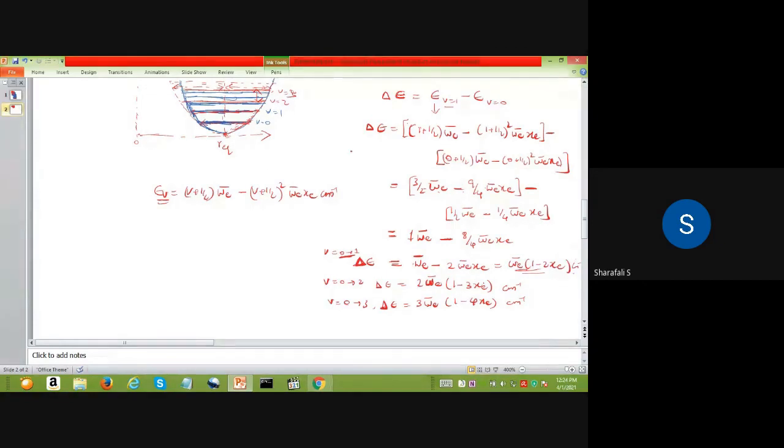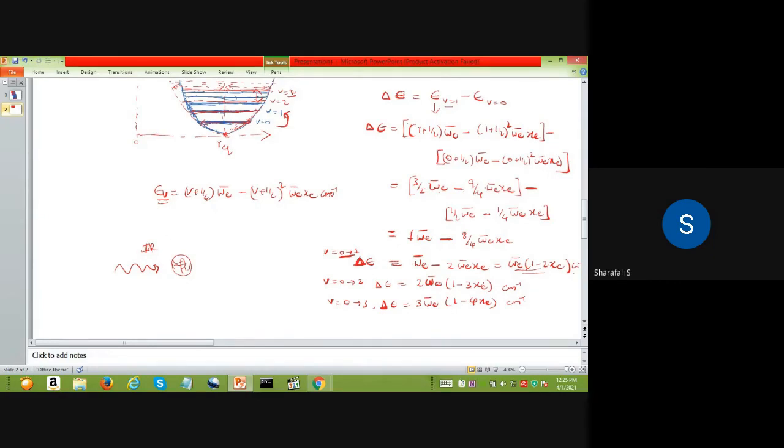Okay, so if your molecule is going from 0 to 1, this energy level to this energy level, what that means is that you are providing some particular radiation in the infrared region, because we are talking about IR spectroscopy, and a molecule will vibrate when it absorbs IR radiation.